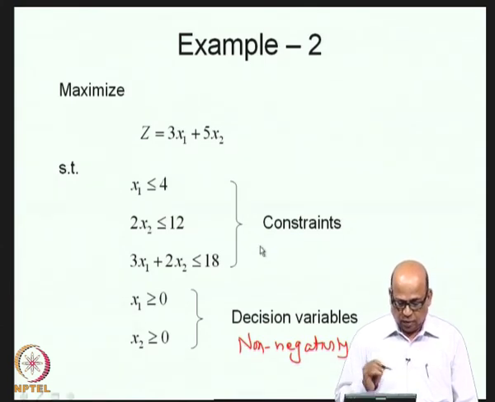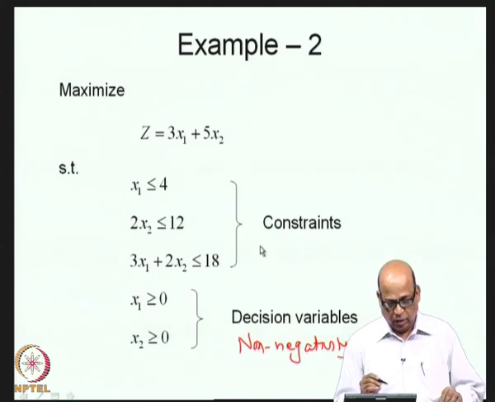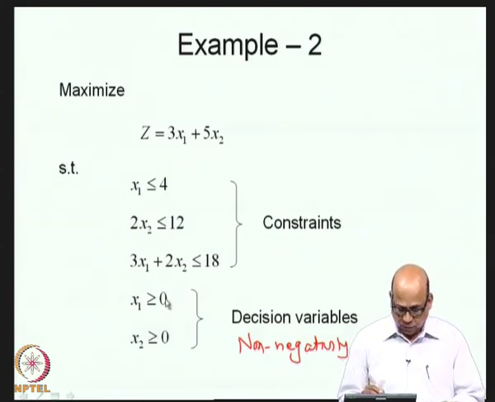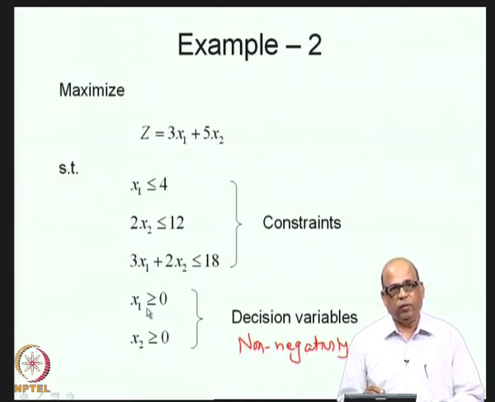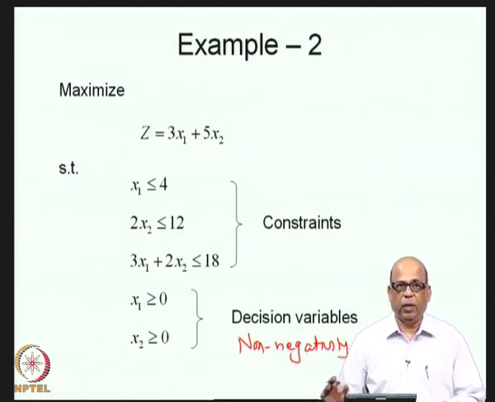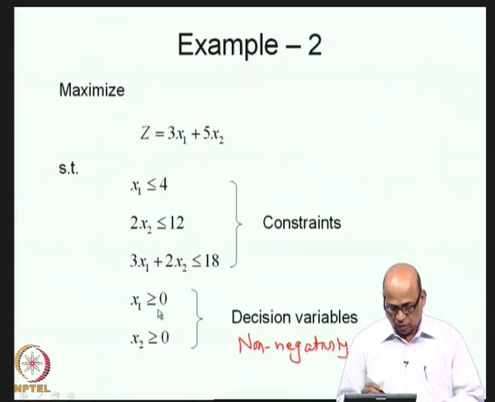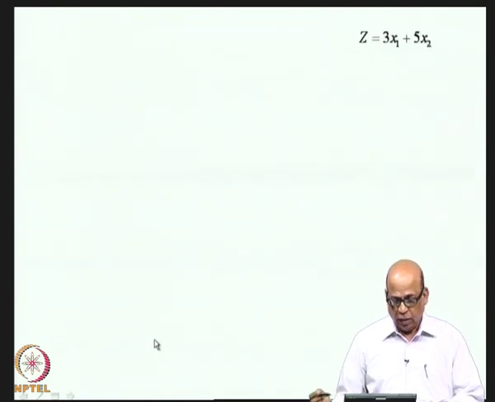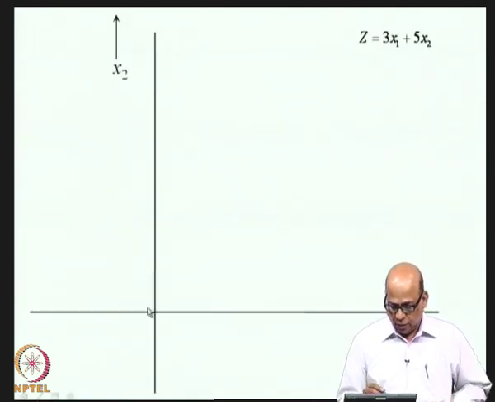Now, to solve this by a graphical method, what we notice is that because of the non-negativity conditions x1 greater than or equal to 0, x2 greater than or equal to 0, in the 4 quadrants that we have in the 2-dimensional space, the solution must lie in the first quadrant. So, what we do is that we first draw the axis.